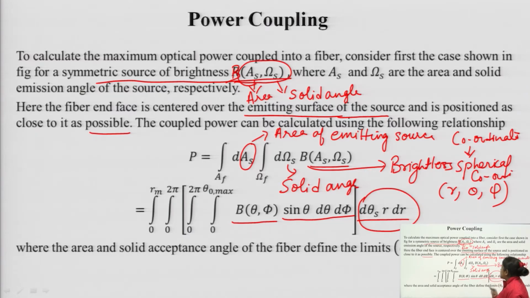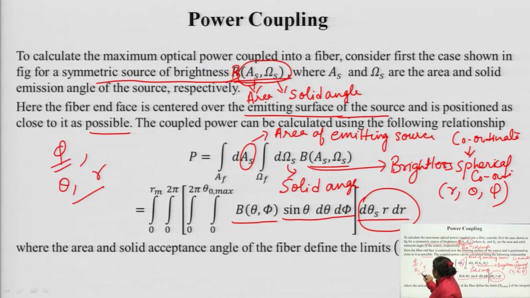This area is called the incremental area in the direction of phi. As we have already discussed, incremental areas vary with respect to the direction we are taking. The vector of the surface area is always perpendicular to the surface. So, when the vector is in the phi direction, it will be a function of theta and r.